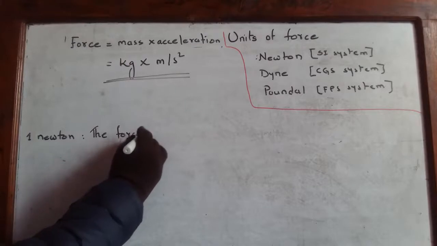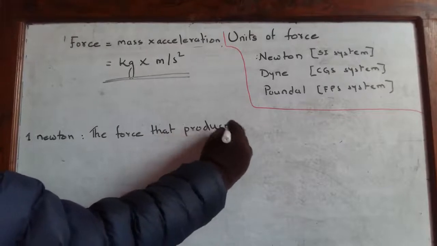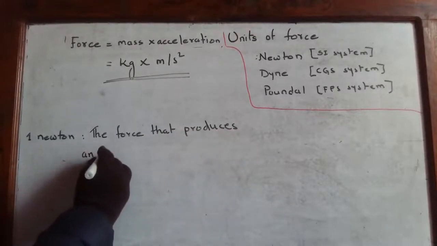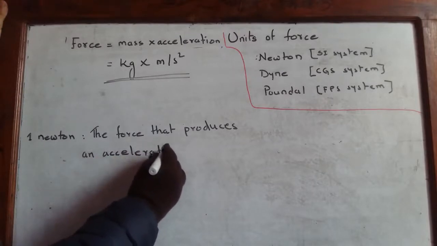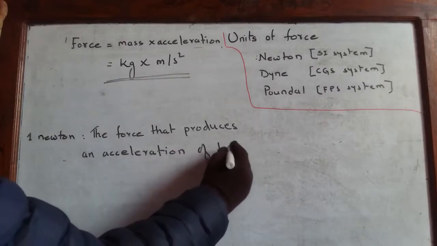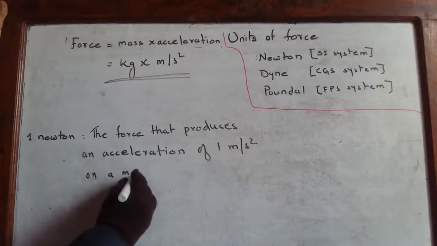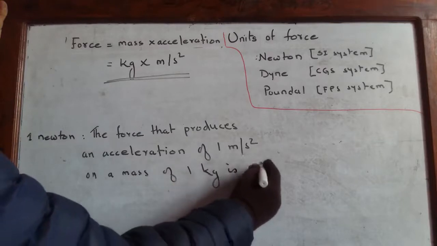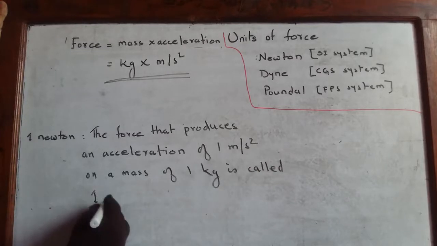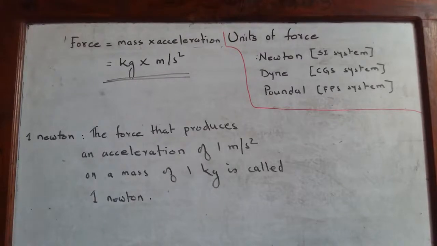The force that produces an acceleration of 1 meter per second square on a mass of 1 kg is called 1 Newton force or 1 Newton. So this is how we define.